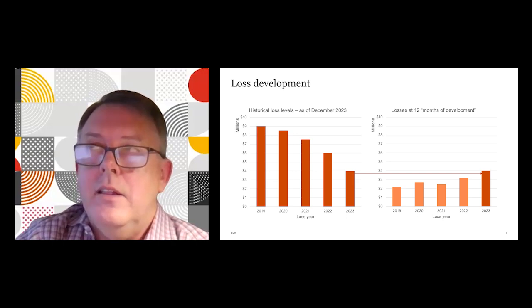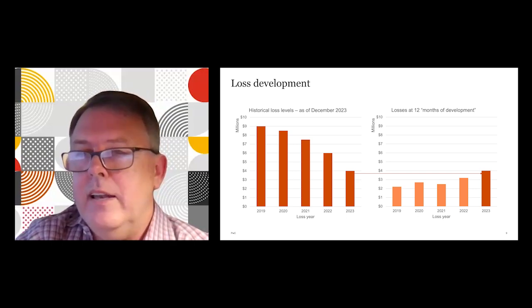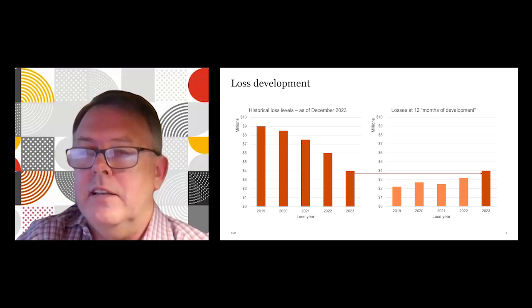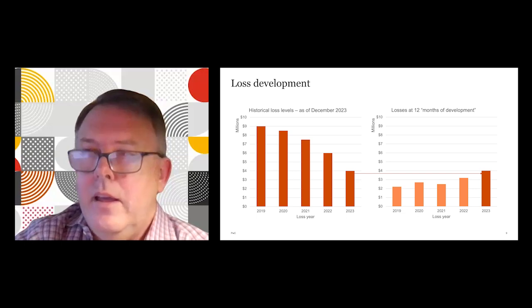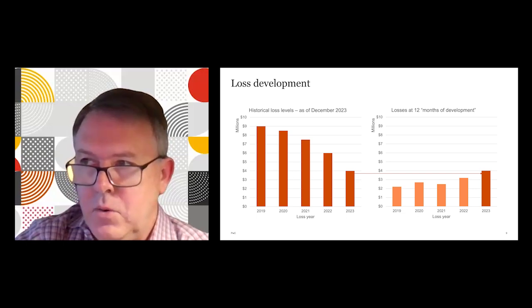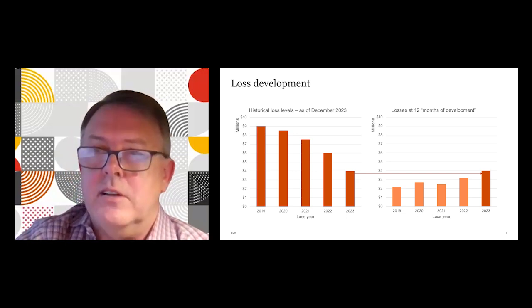And then the actuaries, we're not really looking at individual claims. We're aggregating the claims and organizing the data so we can identify various patterns. We organize the losses according to the loss year in which the claims occur.